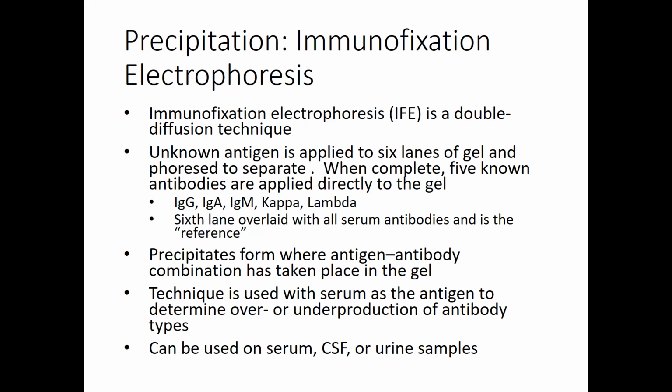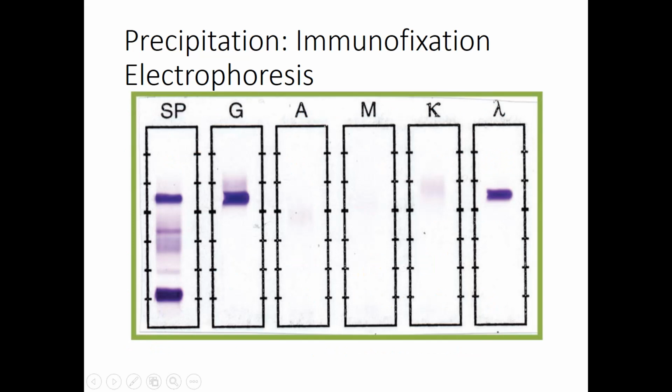The difference is the timing of applying the antibody, so let's see if I have a picture of this. I do. In immunofixation electrophoresis, first we add the antigen to 6 lanes of gel. We're going to apply it up here, actually. 1, 2, 3, 4, 5, 6.